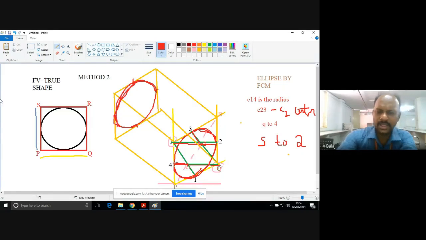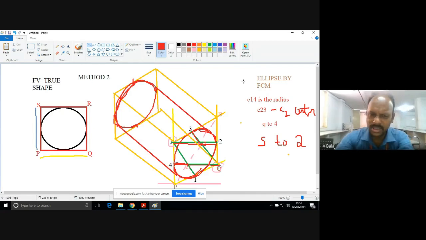Okay. Now, what is the final step? Is it appearing as a cylinder? No. Still we need to join these two ellipses with a tangential line. Just connect these ellipses by a tangential line. Now, are you finding this as something like a cylinder? Yes or no?